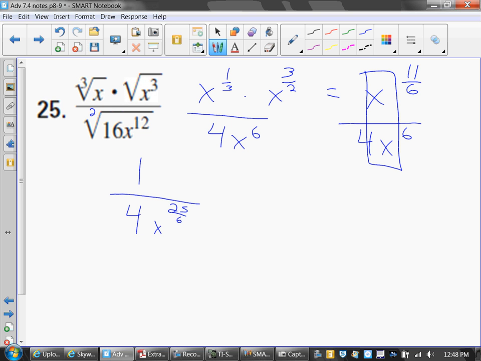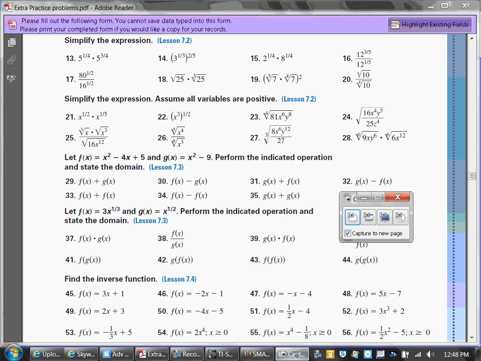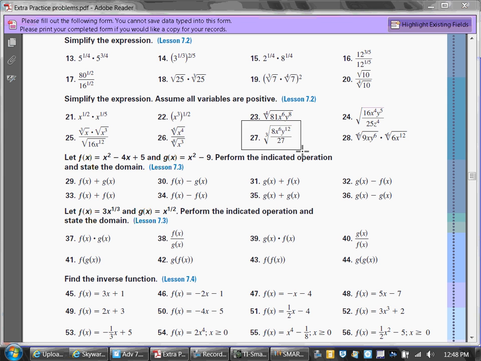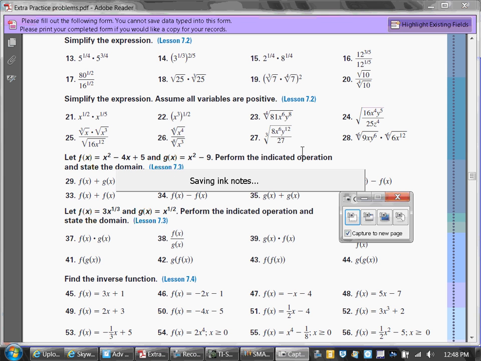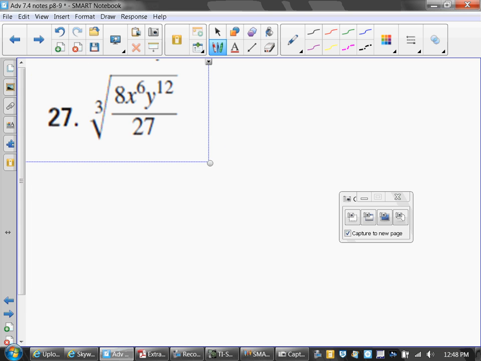Okay? And then lastly, 27. This one should be a little bit easier. You're taking the cube root of each individual term. What's the cube root of 8? 3 goes into 6.